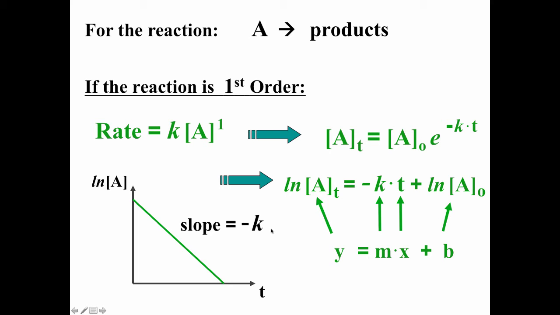Now, of course, what this also means is if we have data for a reaction, we don't know its order, and we graph time versus log of concentration of the reactant and do get a straight line, then we can conclude that the reaction is a first order process, and we can determine the rate constant because that value is going to equal the negative of the slope.